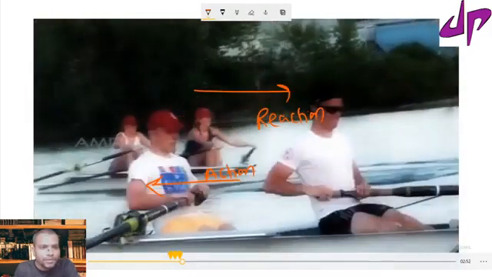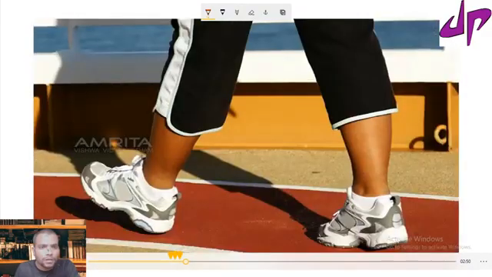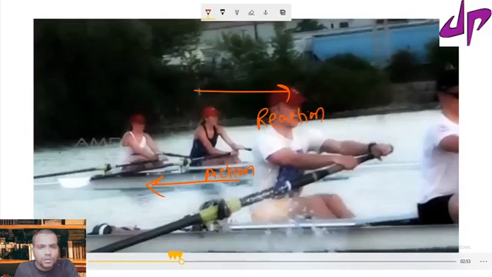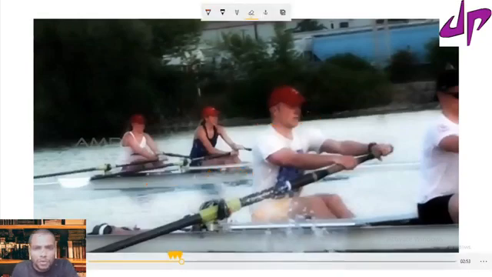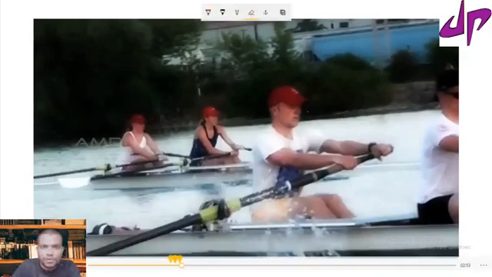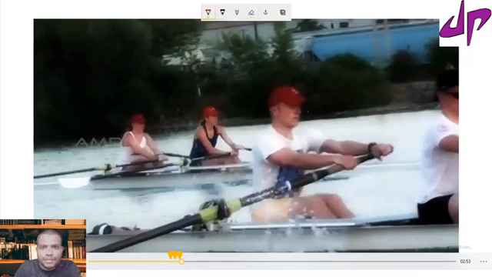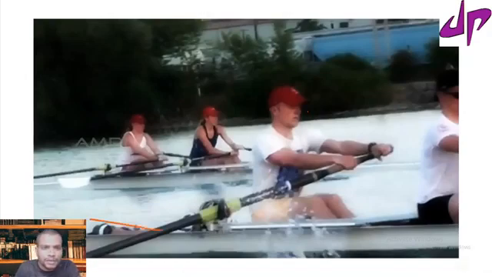Similarly, when we push the boat forcefully, that is action, and the boat moving forward is reaction. We have to apply force. Here he is applying force on the water with the help of this pedal.